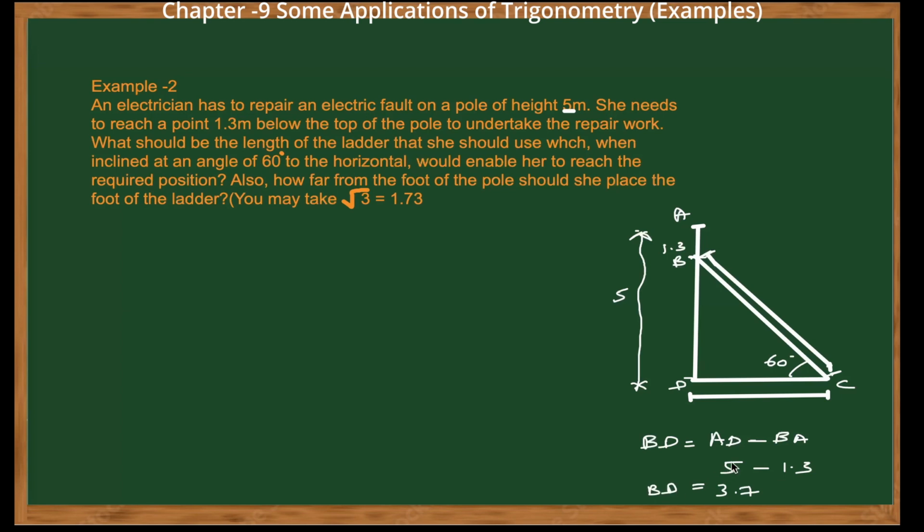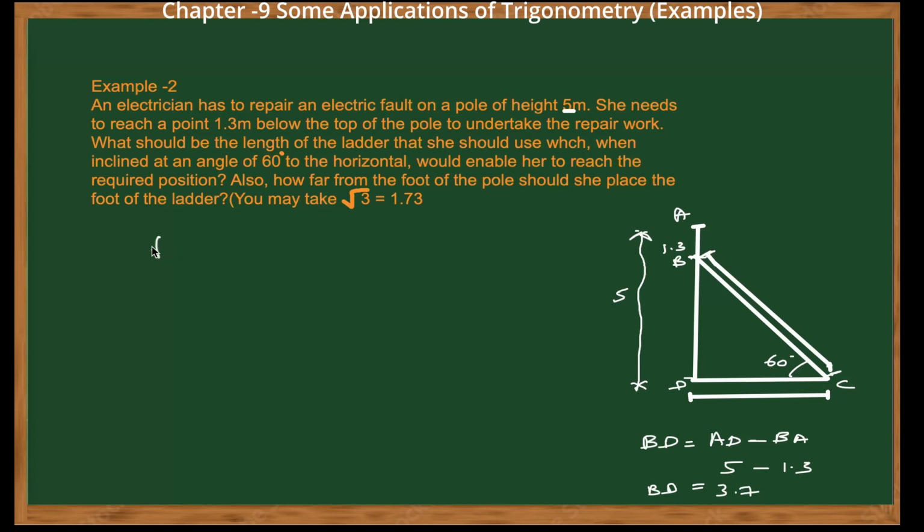Okay, so now what do we need to find? We have this value and we have an angle, so let's try to find the base here, DC. We know theta, in the previous also we have done, it is 60 degree. This is perpendicular and this is the base.